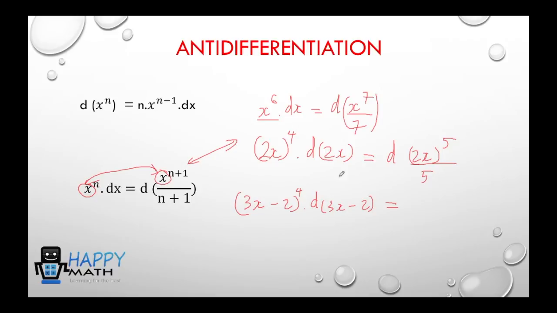This is the main function, and it will become d of 3x minus 2 power 5 over 5. Yes, this term has to be equal to this term. That is the key point.